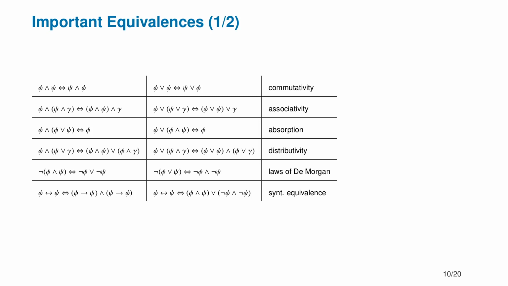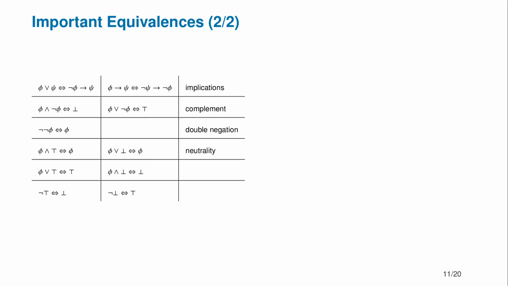The connective simply flips. Then what is also important is that we can rewrite an equivalence in terms of an implication. So if we have phi and psi are equivalent, then this is the same as phi implies psi and psi implies phi. Here is also another notation for this.